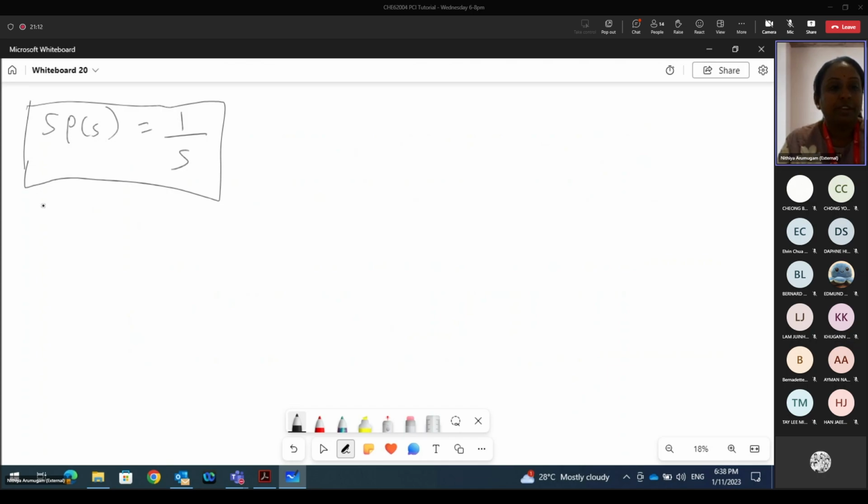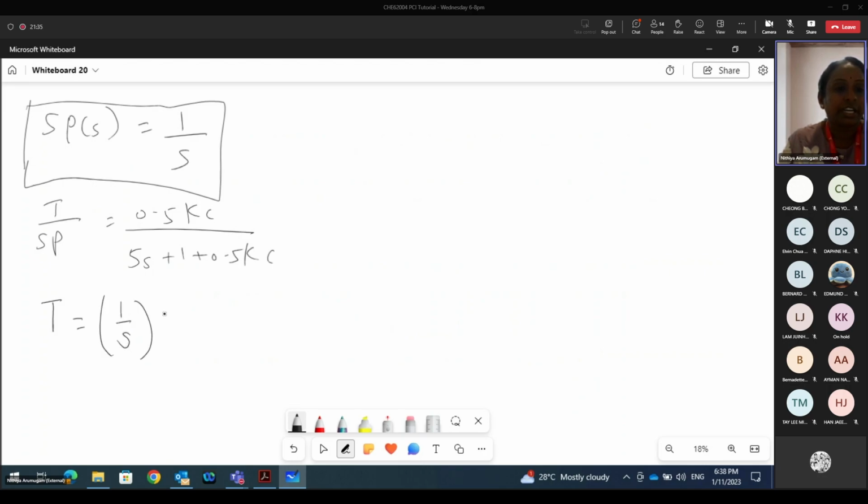We have the T over SP function earlier, 0.5 kc over 5s plus 1 plus 0.5 kc, and from here we can express T in terms of set point. So we're just going to replace this.